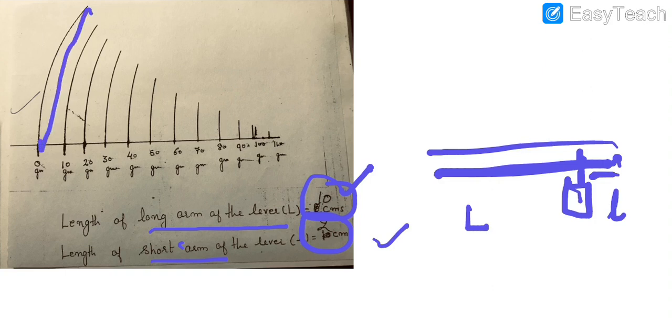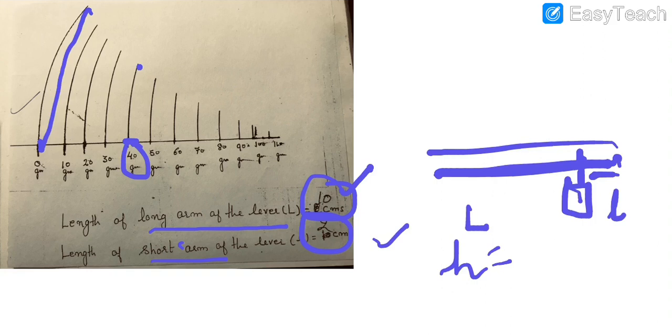Similarly for 40 gram, from this point to this point. So we will calculate the small h, and we know the weight, the force is 40 into, then we will add the effect of gravity, right, the effect of gravity.